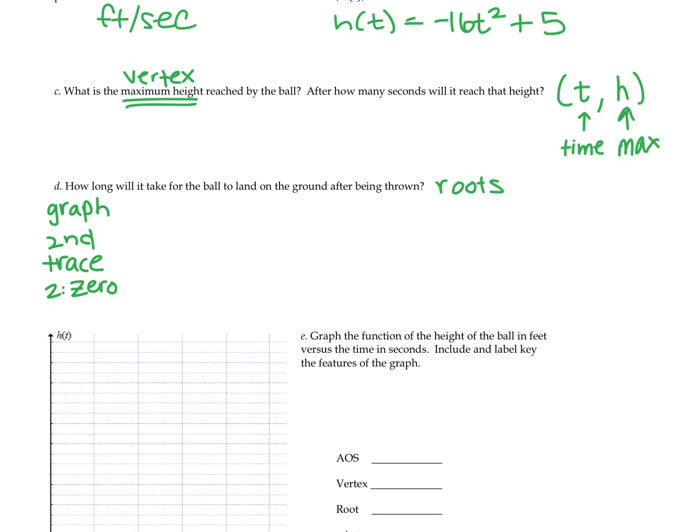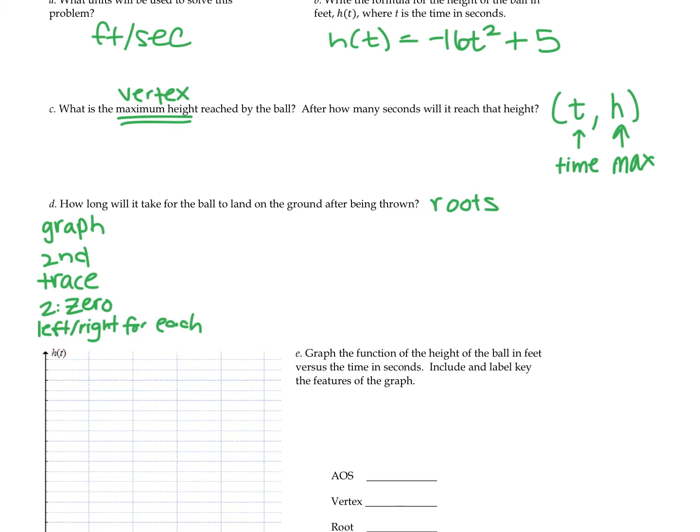And then remember you go just to the left and just to the right for each. So you do one root at a time. You can also, this is just negative 16t squared plus 5. So you could set it equal to 0, move the 5 over, divide by negative 16, and square root to get your answer.